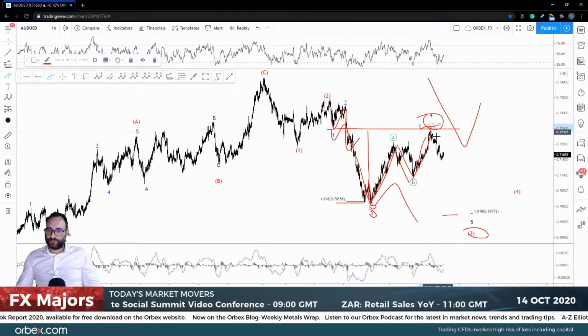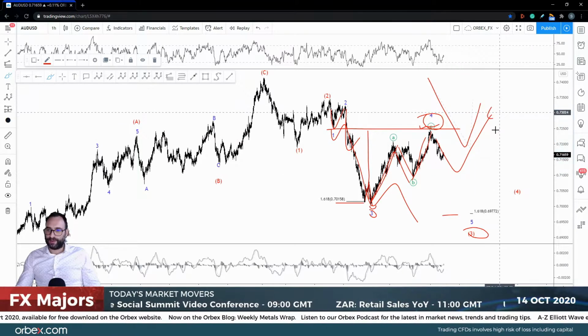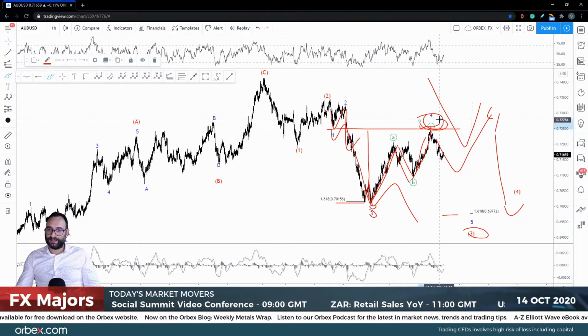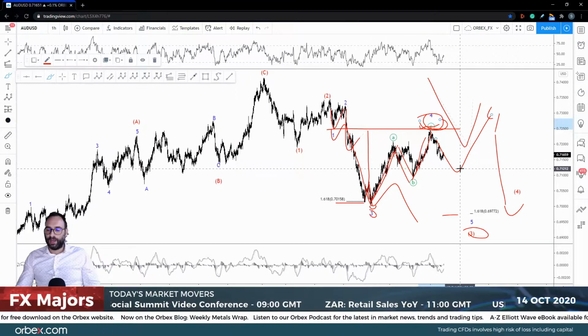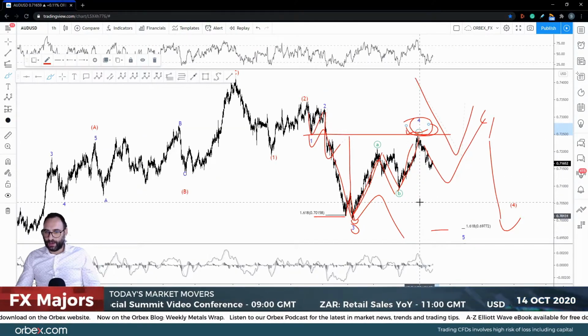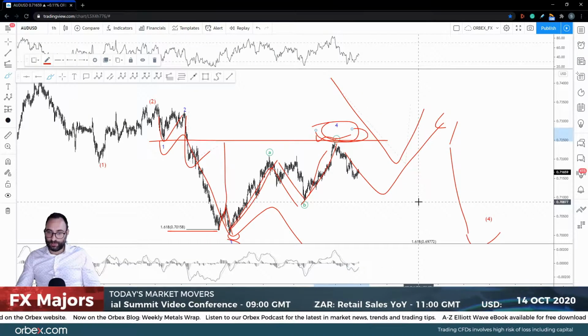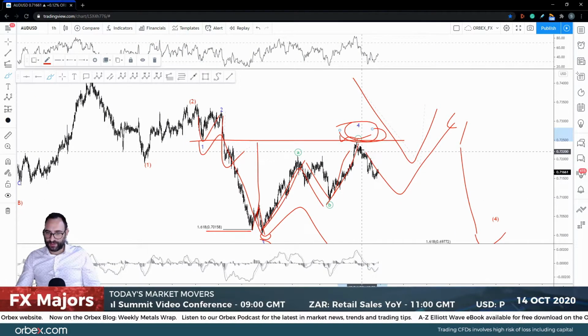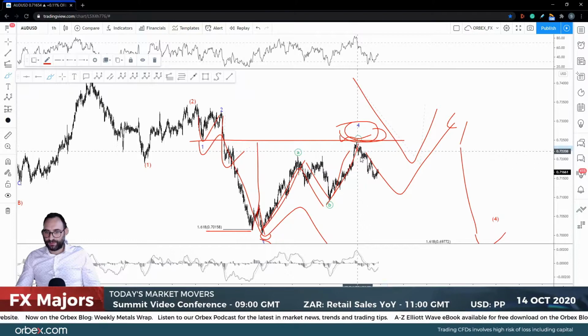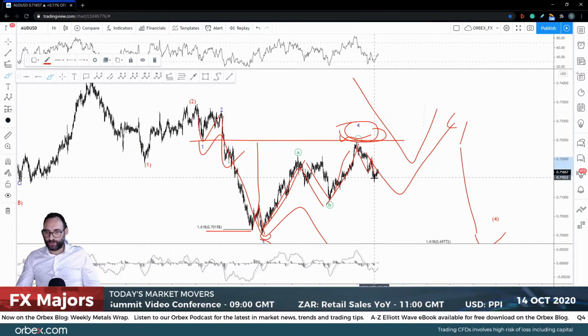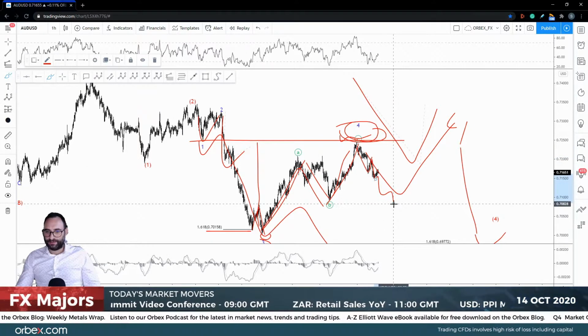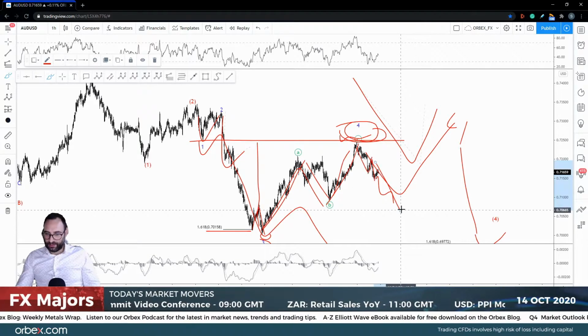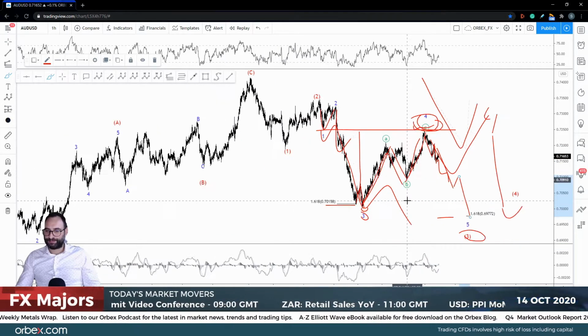Either we've got a W, X, and Y for wave 4 and then move down, or we end it here, which is likely the case, and we're moving down impulsively. Now, if we indeed are moving down impulsively, this means this is some sort of leading diagonal here, 1, 2. This is 1, 2, 3, 4, 5. So we're going to get a 3, a 4, and a 5, right?